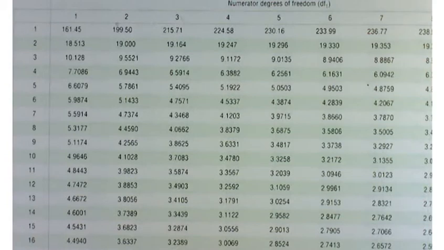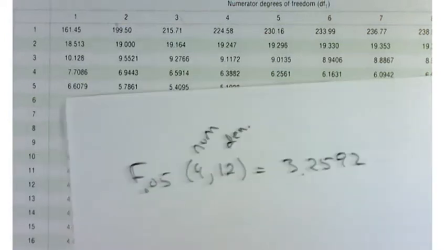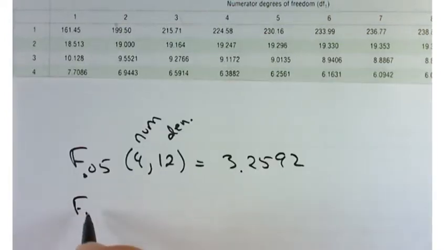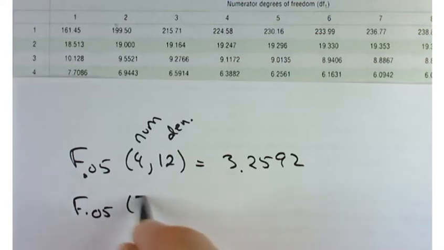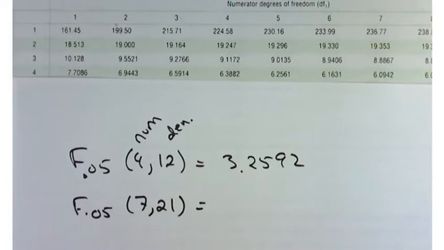Let's try one more like that, and that'd be F with, again, 5% of the area in the right tail, 7 degrees of freedom in the numerator, 21 in the denominator.